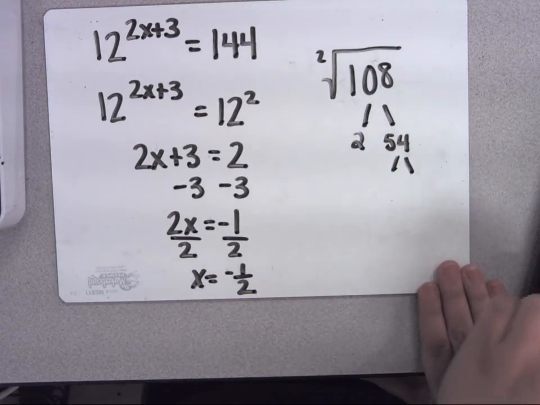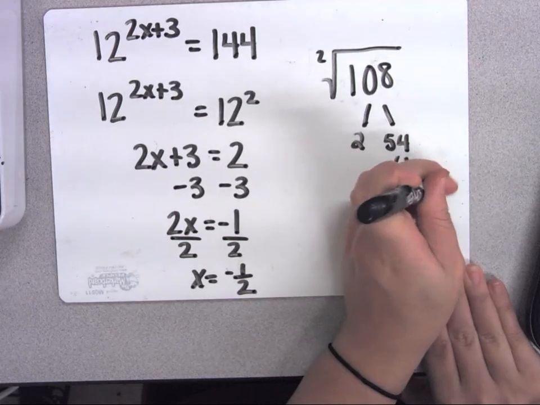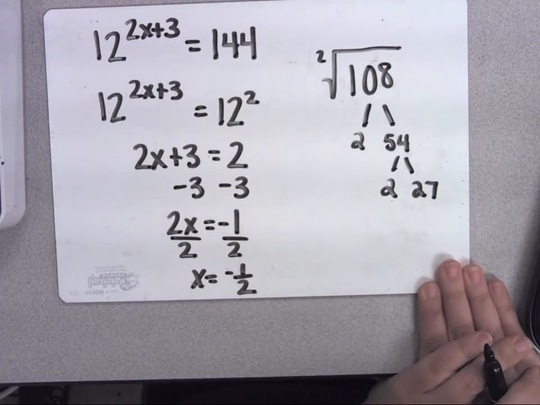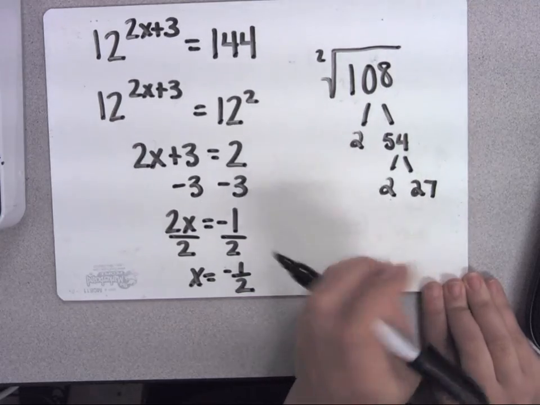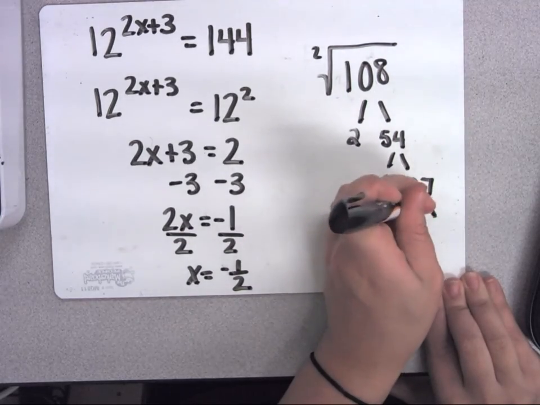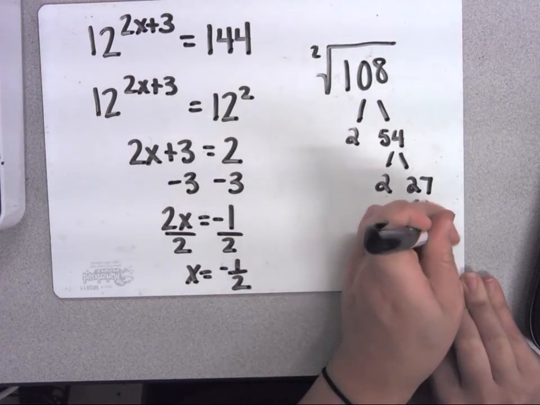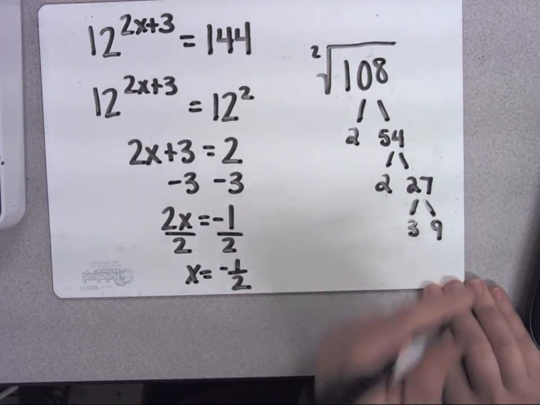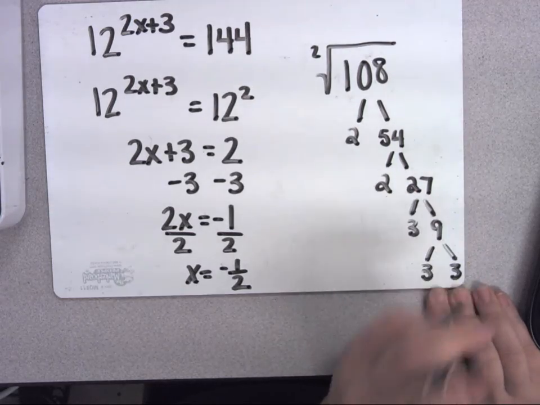So 54 divided by 2 is 2 times 27. Again, can I break down the number 2? Nope. 27 is 3 times 9. Yep. Can't break down the number 3. Can I break down the number 9? 3 times 3.